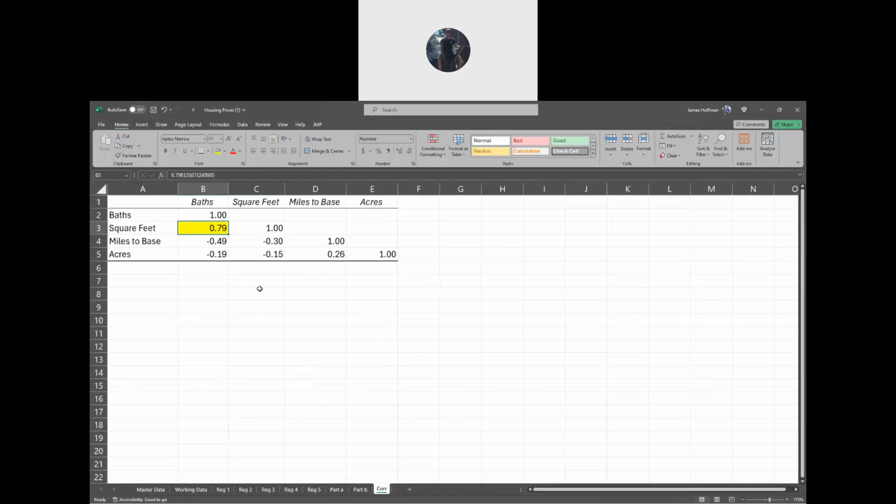Think of miles to base, because that one doesn't have a correlation with anything. These ones are just each variable on itself, so ignore those. That's just square feet and square feet. So what we're looking at is the correlation between Bass and square feet, Bass and miles to base, Bass and acres, and all these other ones have a pretty low correlation, if any.